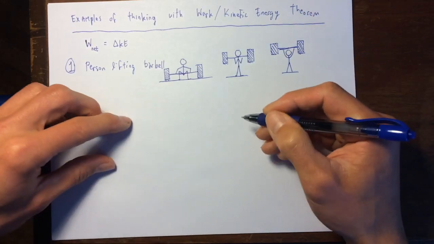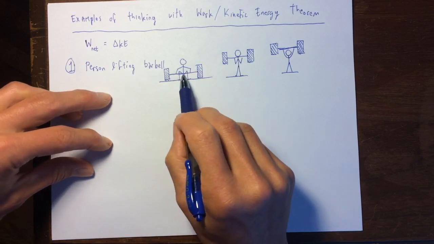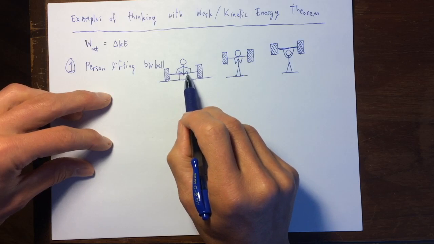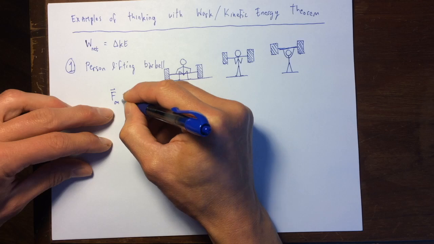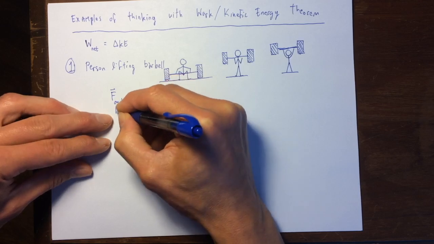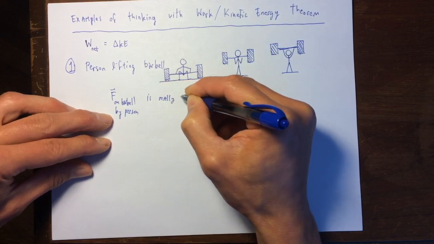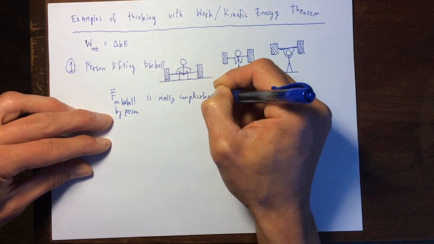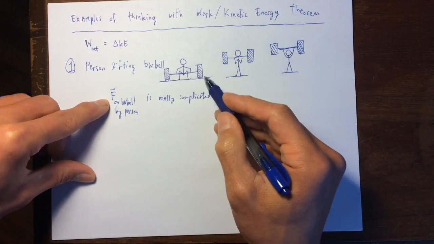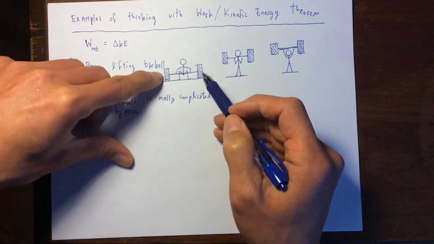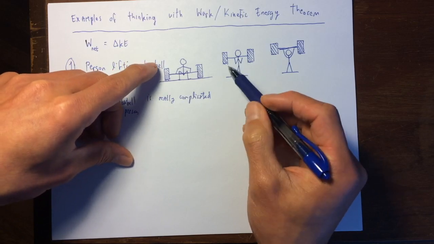Okay, so I'd like you to notice that if I was to try to imagine what kind of force this person is producing, the force on the barbell by the person is really complicated. Sometimes they're producing a force on the barbell much bigger than actually the weight of the barbell. And if they can cause that to happen, the barbell will accelerate and gain motion upwards.